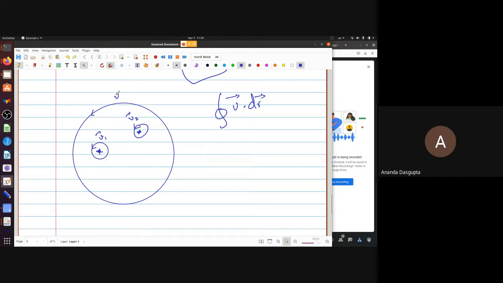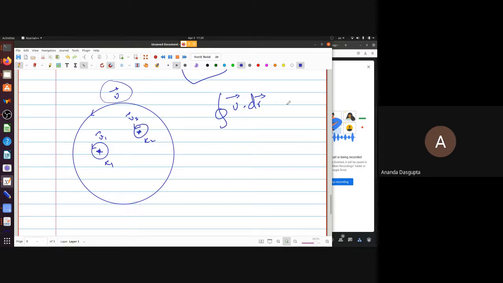Now the velocity on this particular large circle here can be very different from the velocity here and the velocity here, right? As you remember, even for a given vortex, the velocity decreases as you move away from the center of the vortex. Now the question is, can you tell me how much is the circulation of this vector field V along this loop if you know the circulation kappa 1 here and the circulation kappa 2 here?